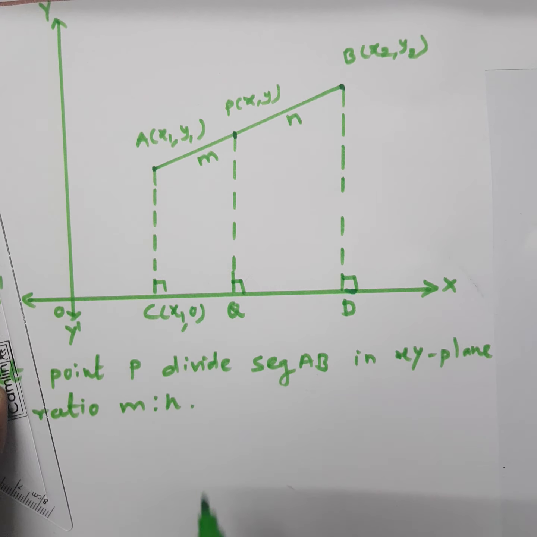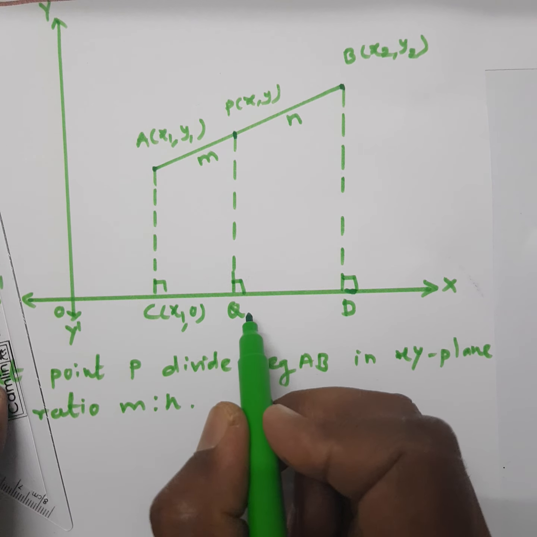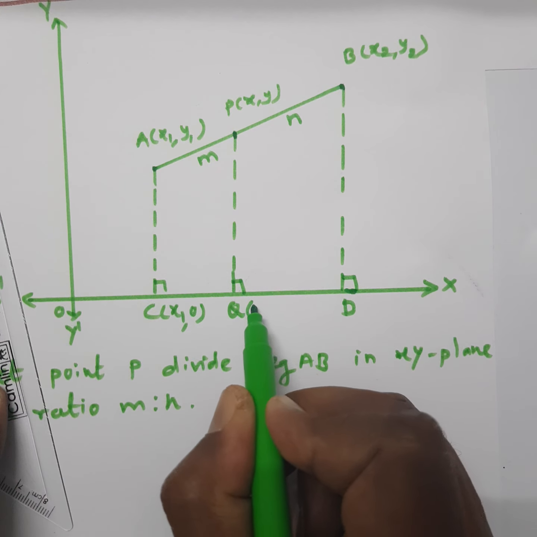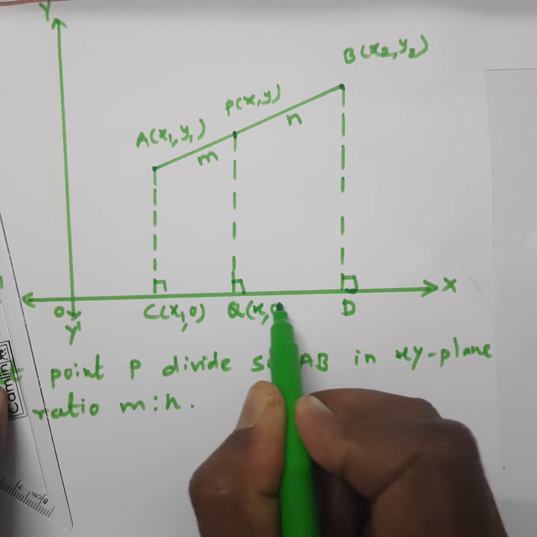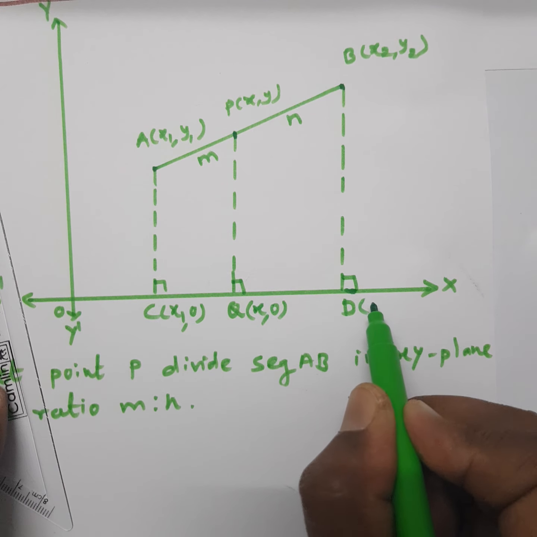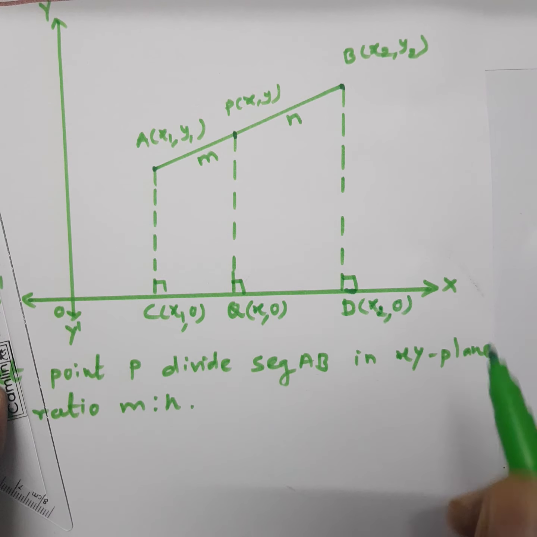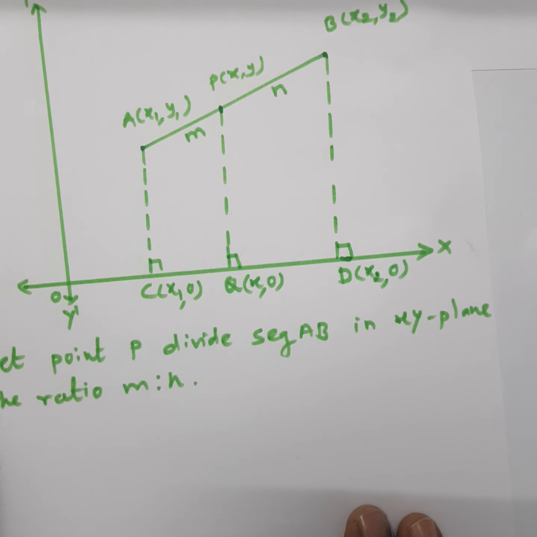The y coordinate will be 0 because it is on the x-axis. Then the x coordinate of point Q will be x and the y coordinate 0. The x coordinate of point D will be x2 and the y coordinate will be 0.